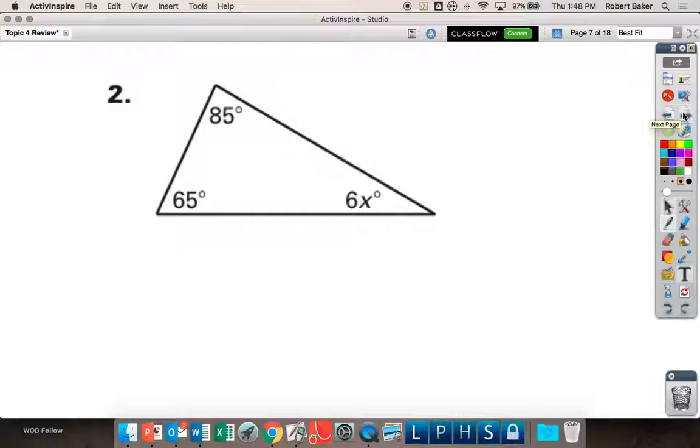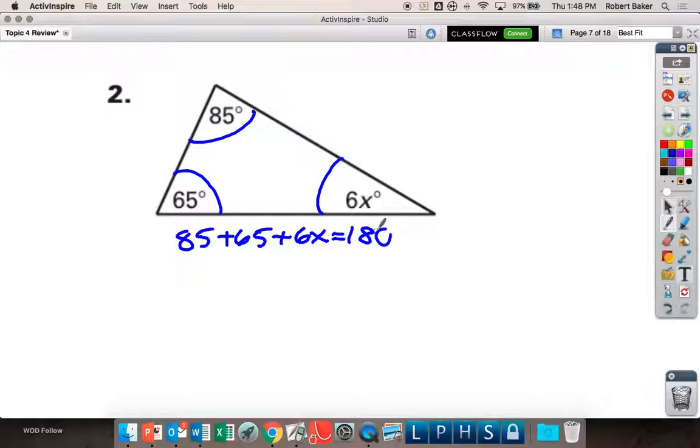You want to do it that way? So go back to the easy math. This angle plus this angle plus this angle all adds up to 180. Here's what I did. I added these two together, and I got 150.